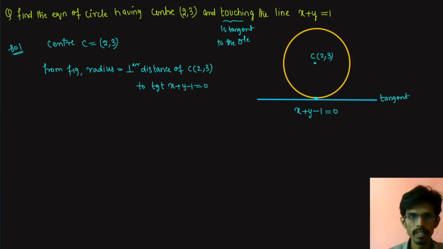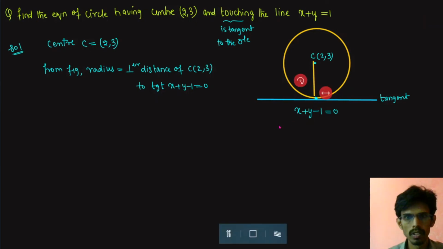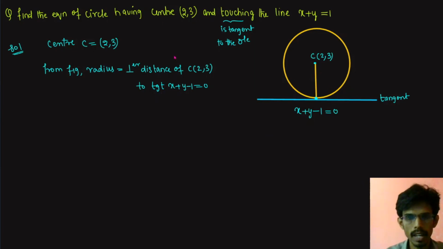So the given line is a tangent. Look at this figure. Now from the figure I can say that this radius is nothing but perpendicular distance d. Whenever a line touches the circle, radius will be equal to perpendicular distance.